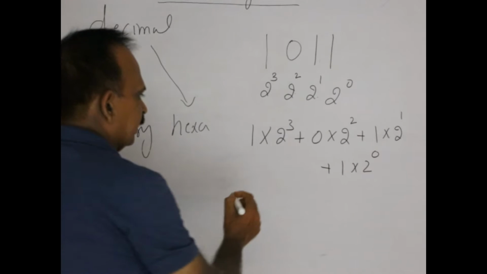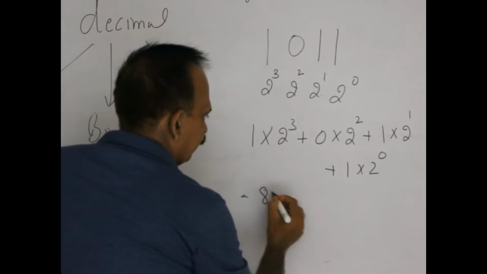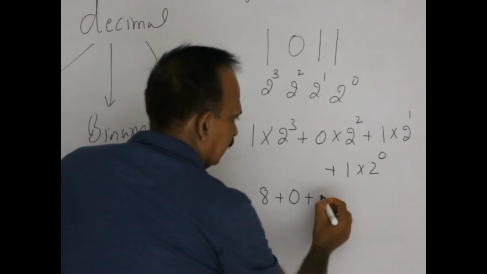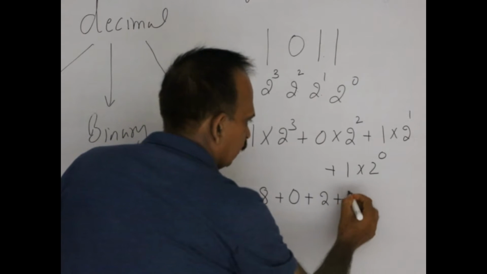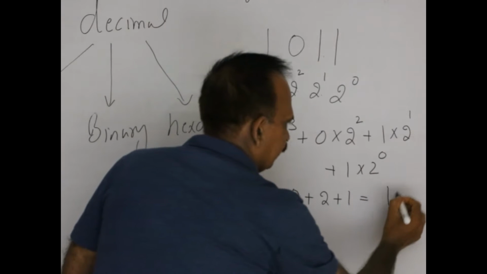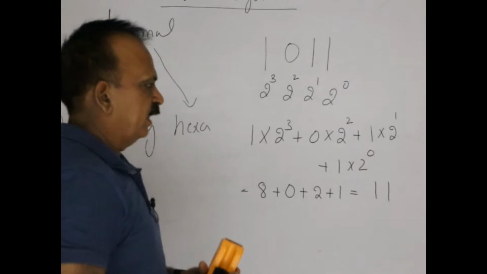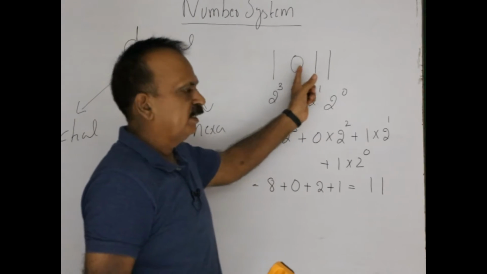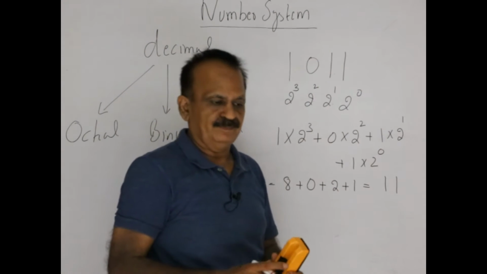Now it is 8 plus 0 plus 2 plus 1, and the resulting number is 11. This 11 is the decimal equivalent of the binary number 1011.